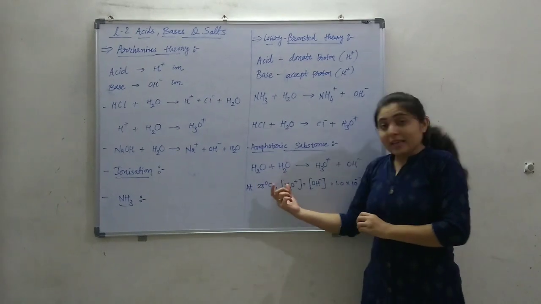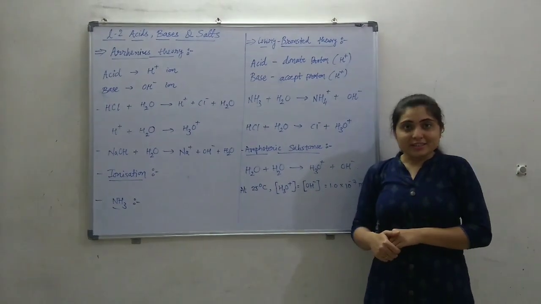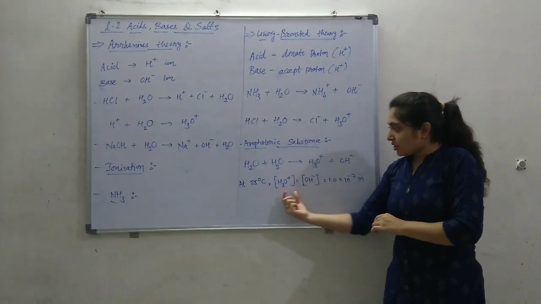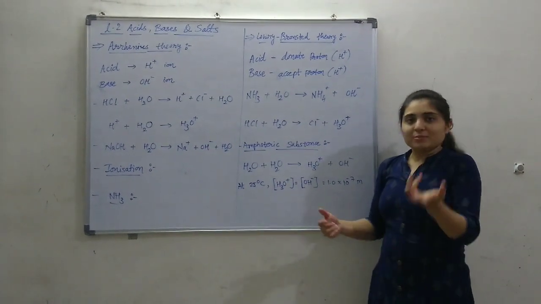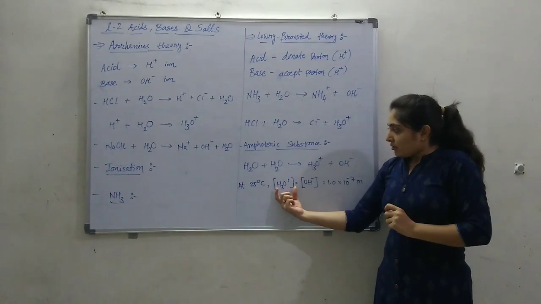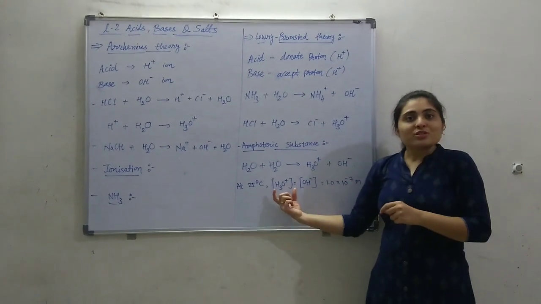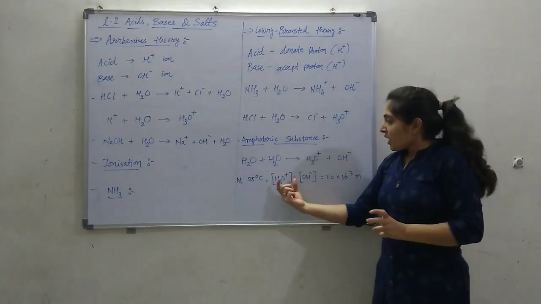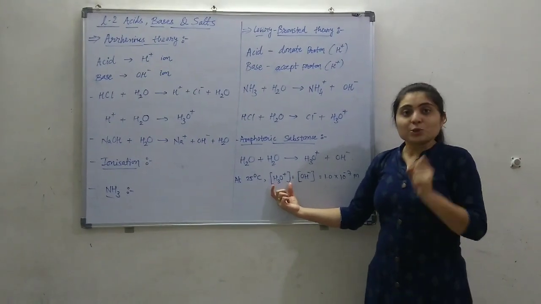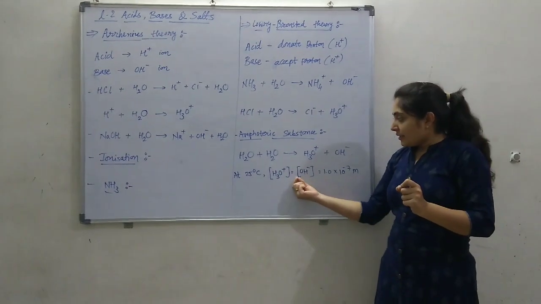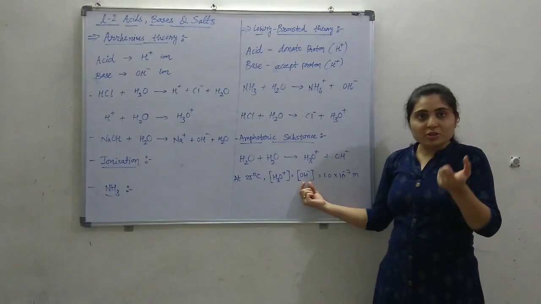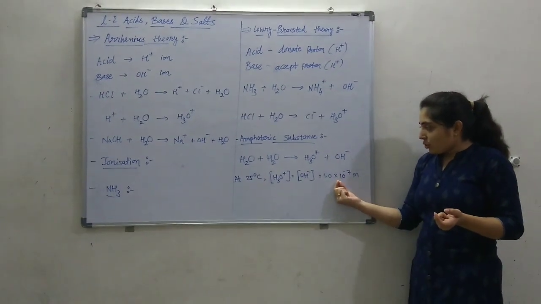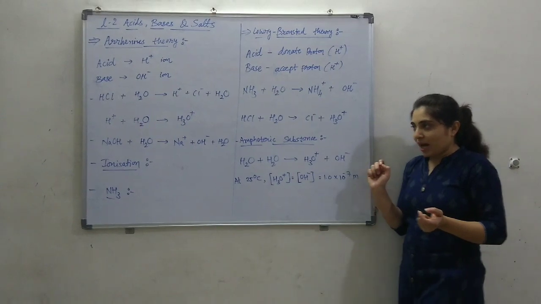It is calculated that at 25 degrees Celsius, standard temperature, the concentration of H3O plus, which is ultimately H plus, is equal to the concentration of OH minus ion. The square bracket shows the concentration, it is a symbol of concentration, that means amount. It is 1.0 into 10 raised to minus 7 molar.